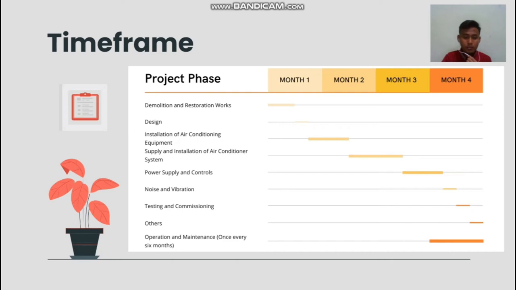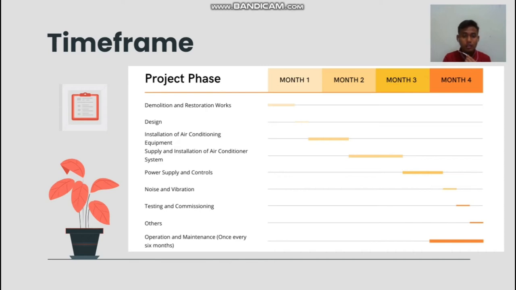And the next one is supply and installation of air conditioner system, where we supply air fans including electrical control, hanger and support accessories. For that it is 1 month. Then power supply and controls, where we install necessary cables, conduits, modules and other accessories. The duration is 3 weeks.